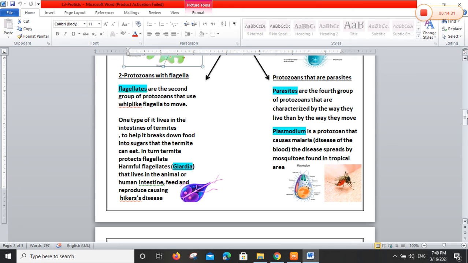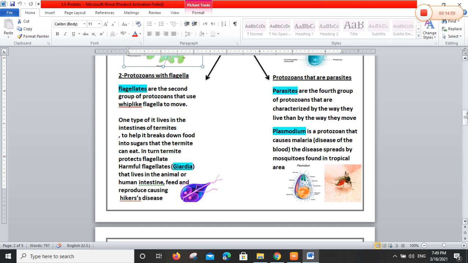This is the way parasites live, also protozoans that are parasites. A member of the parasitic protozoans is Plasmodium.